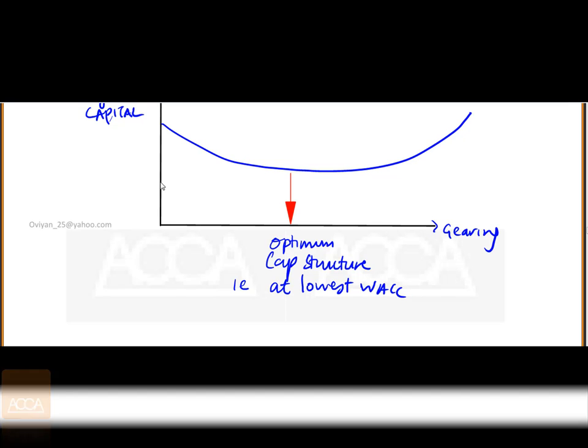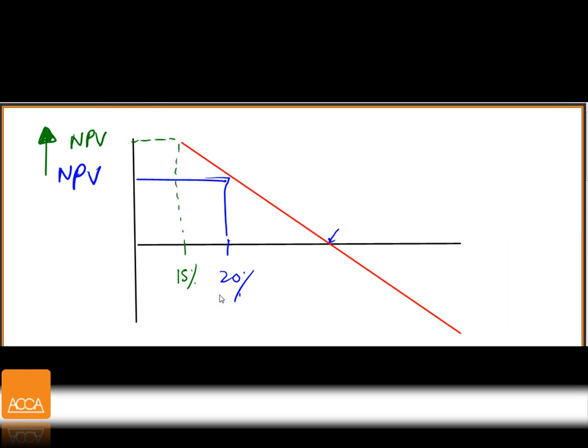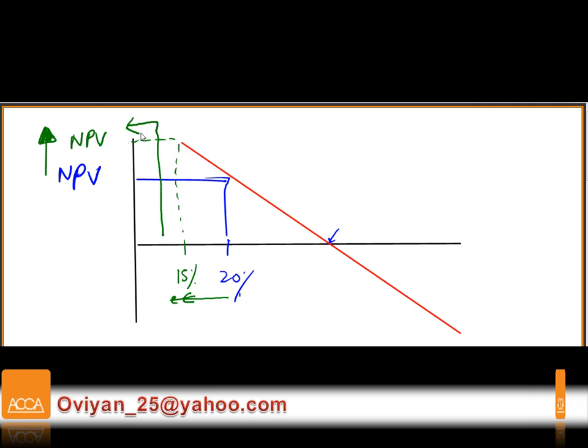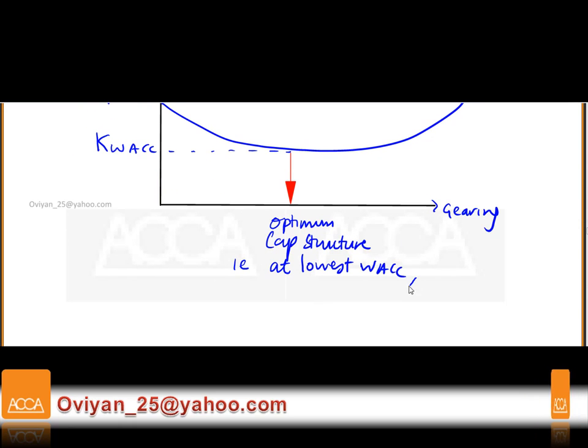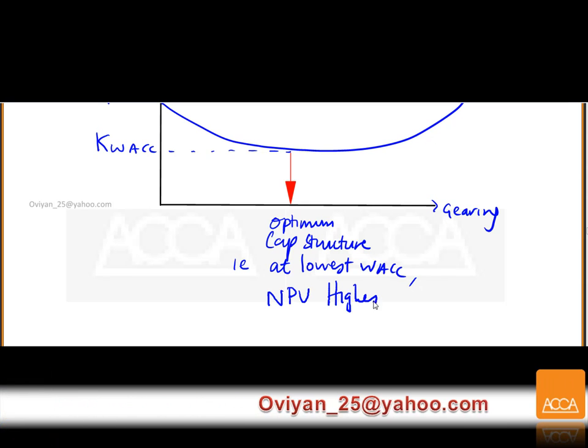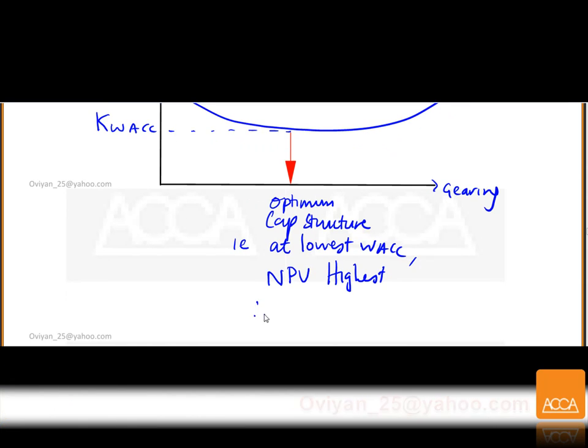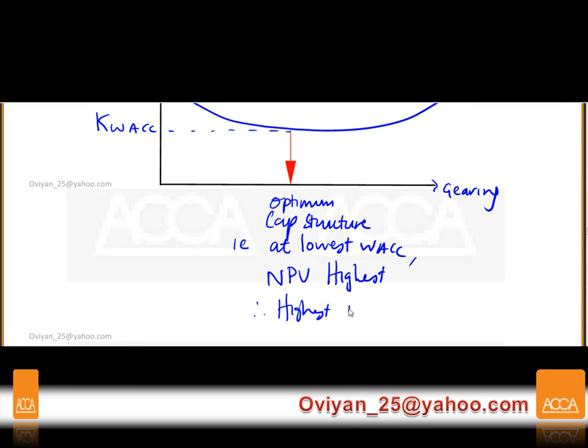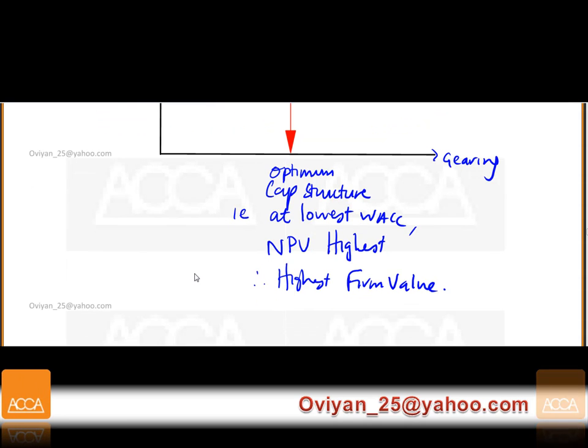This will be your lowest cost of capital. When you're having the lowest cost of capital, if you can go some more lower, what's going to happen? Your NPV is going to be higher. So you're going to say your NPV will be highest, and therefore you're going to have the highest firm value.